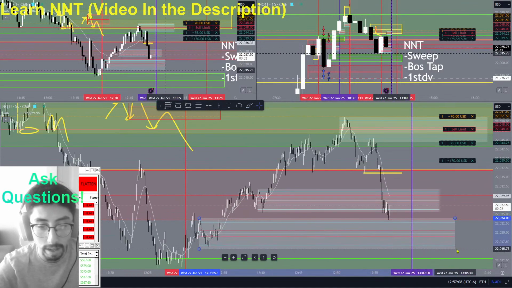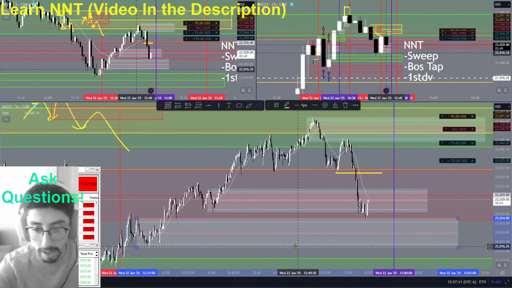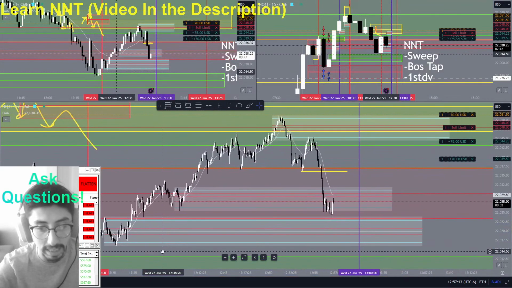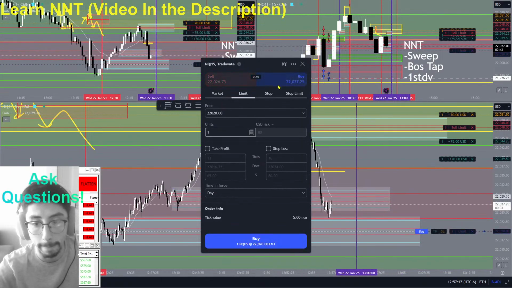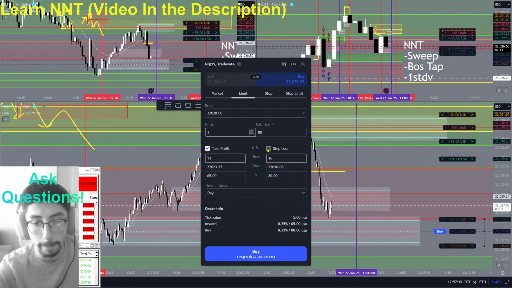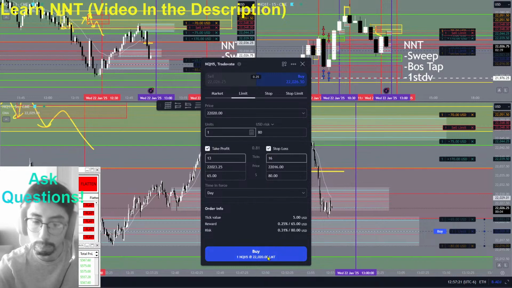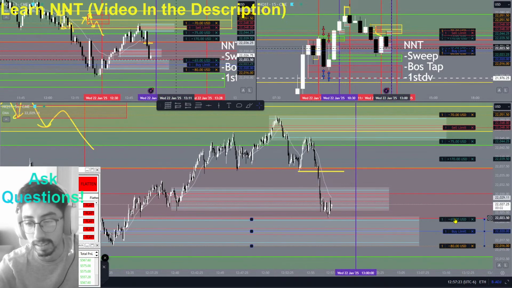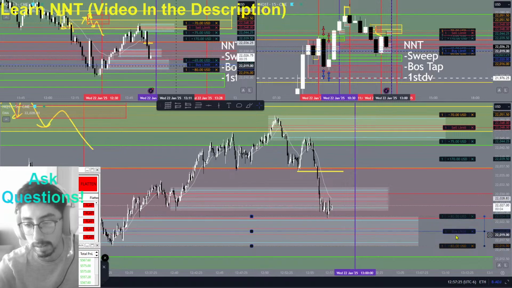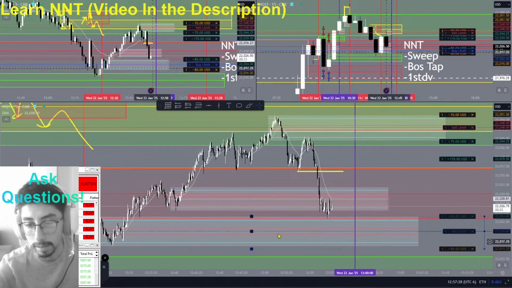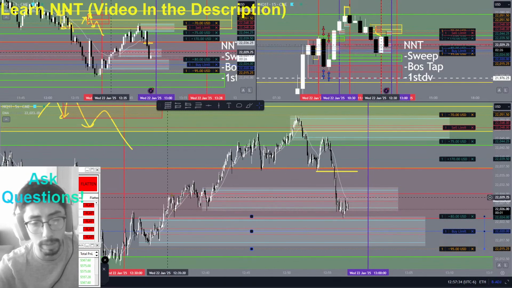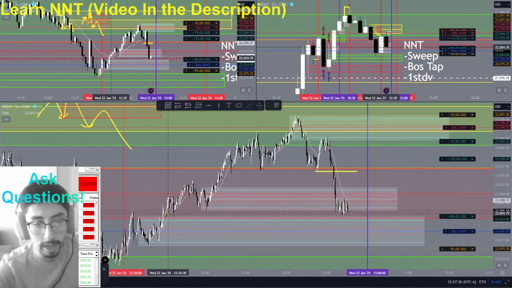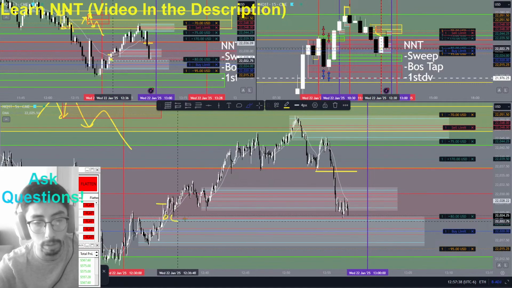This one will deliver, and I kind of want to take it. How much is one? I'll do it. Yeah, I like this play a lot. Super perfect tap. We have a double break of structure: we tapped a zone, broke structure, then tapped the zone again and broke structure.